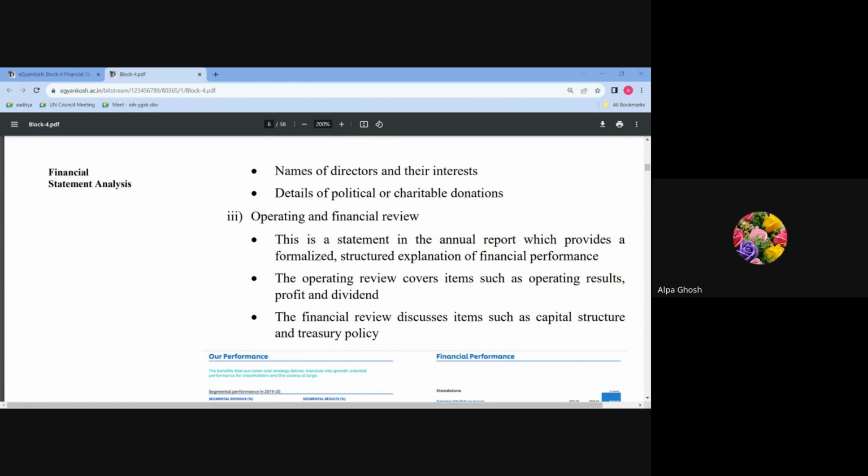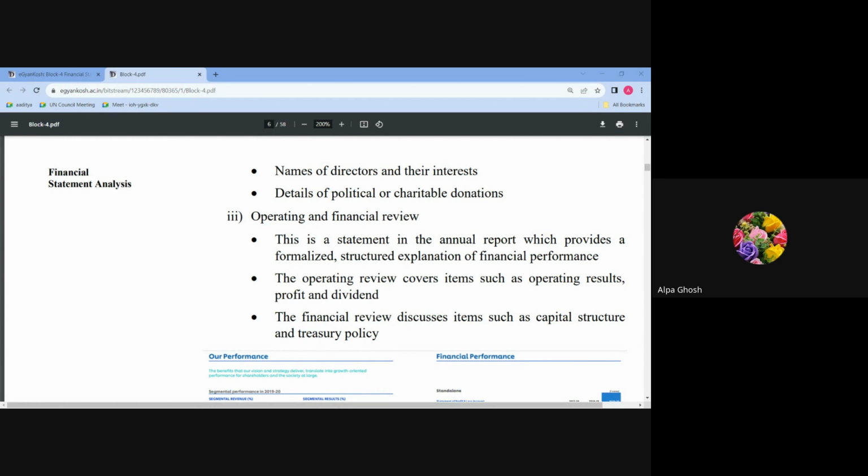Financial performance means the explanation of their profit and loss, their income and expenditure, and so on. They also try to give a satisfactory review of the results obtained throughout the year, and on the basis of those results, they declare the profit and the dividends thereon.